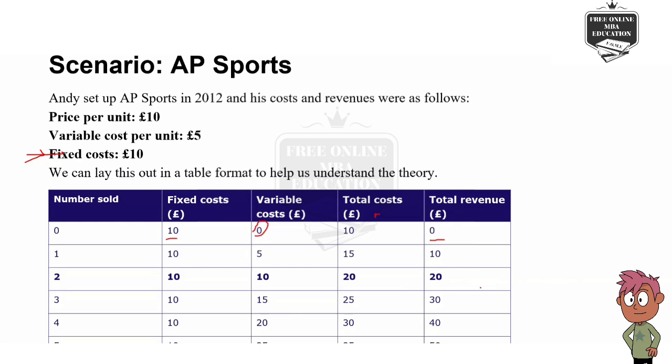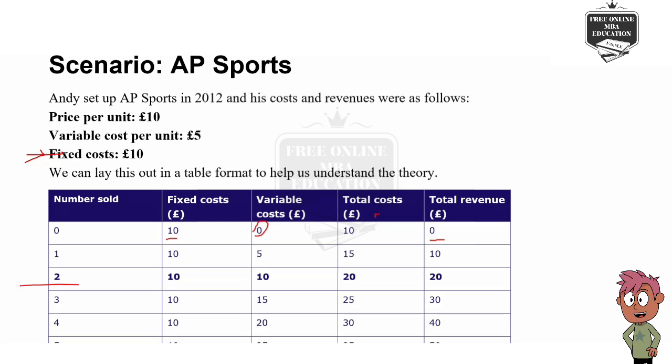So here, TR minus TC is equal to 0, right? At unit number 2, your TR minus TC is equal to 0, which technically means your TR is equal to your TC, right?